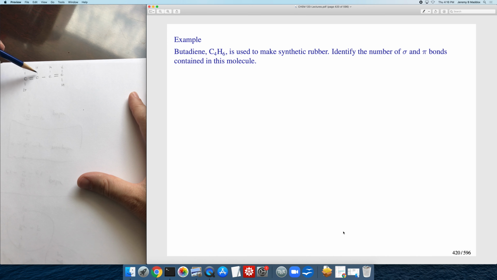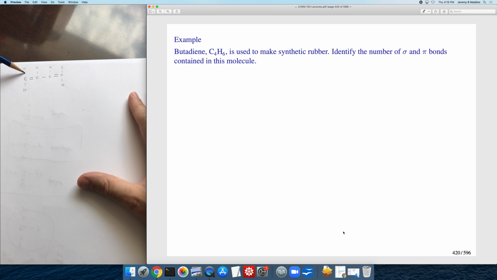Each of these single bonds is also a sigma type bond. So each carbon-hydrogen bond is a sigma type. And then when you have a single bond between two carbon atoms, that's also sigma type. So there's a sigma bond there. And then in these double bonds, one of them is sigma, and then the other one will be pi for each of them. So let's count up the sigma.